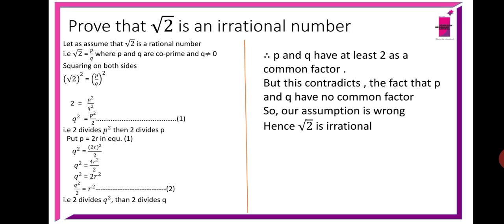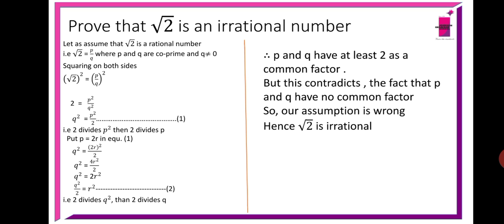Then if 2 divides P square, then 2 also divides P. So we can write P as a multiple of 2. Let me put P equal to 2R in equation 1. Because 2 divides P, P is a product of 2, so we can write P as 2R.